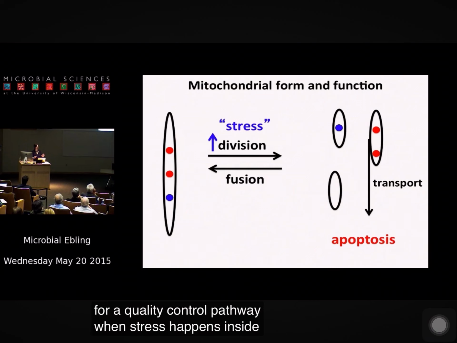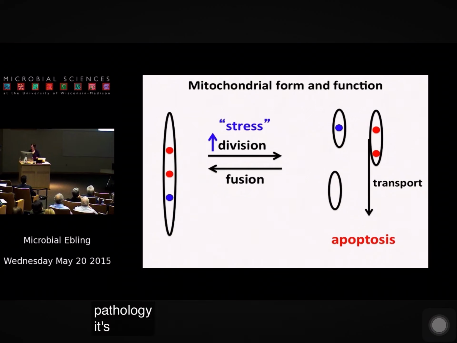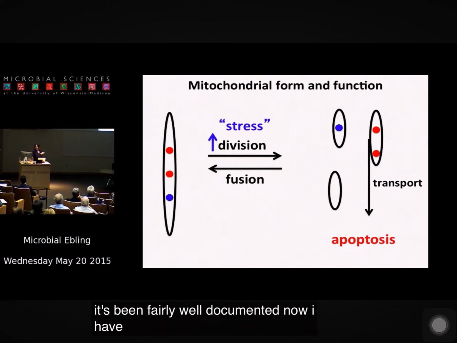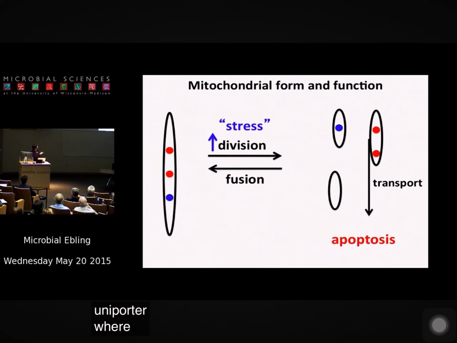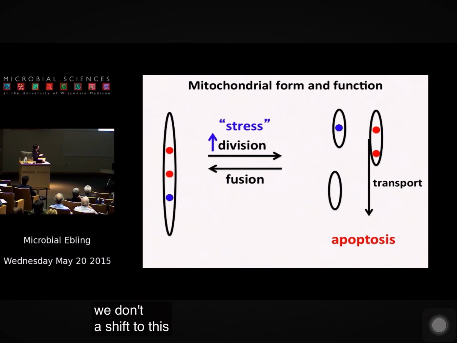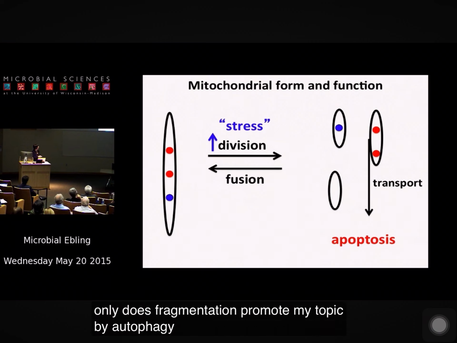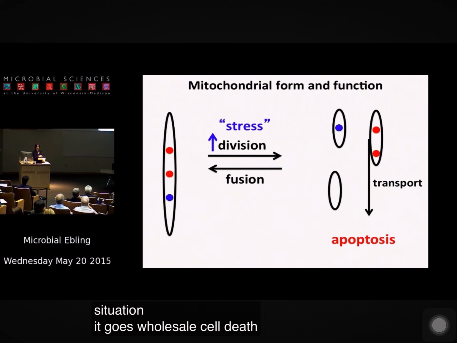When stress happens inside the cell, and by stress I mean different kinds of pathology, it's been fairly well documented now. I have a table like you do, Vamsi, for the uniporter, where this causes a massive increase in division by mechanisms, some of which we know, some of which we don't. A shift to this fragmented state. So not only does fragmentation promote mitophagy, but in an extremely stressful situation, it goes to wholesale cell death.